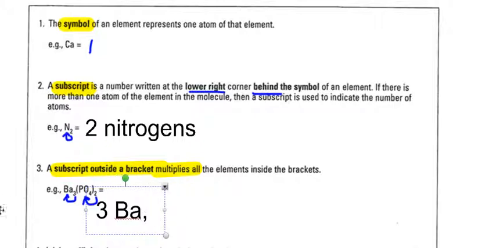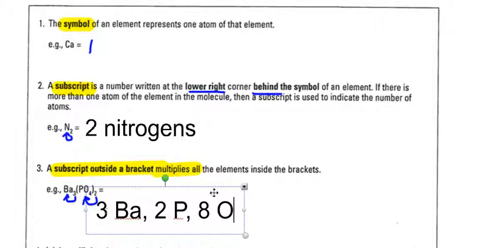If I look here too, in the phosphate group, the PO4, I have 2 of these PO4s. So think of it as having PO4 and another PO4. So there's 2 P's, and of course here I have 2 sets of 4, so 4 oxygens and another set of oxygens gives me a total of 8 oxygens.